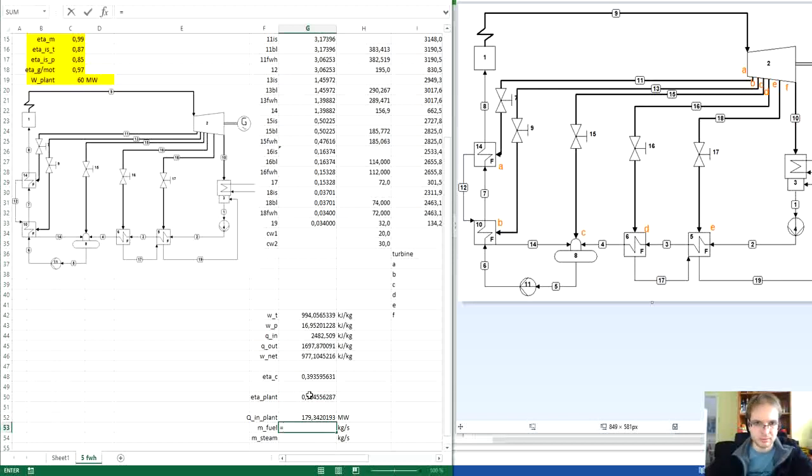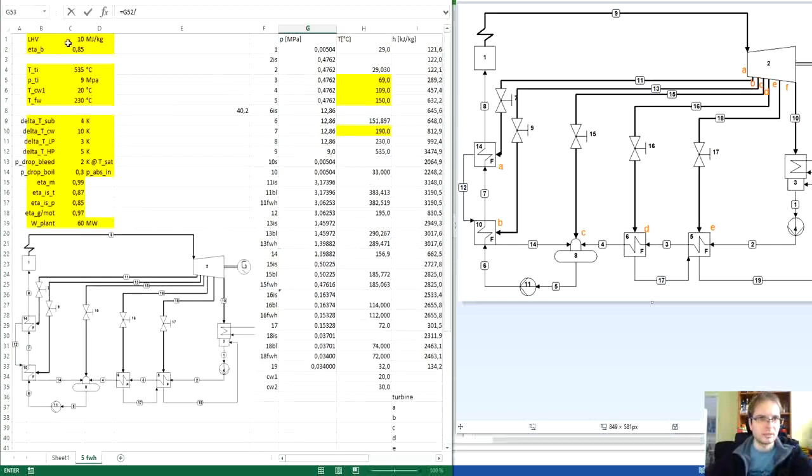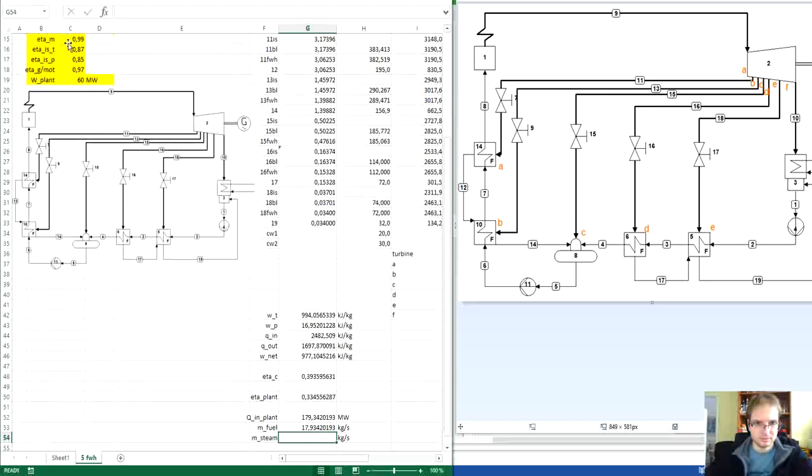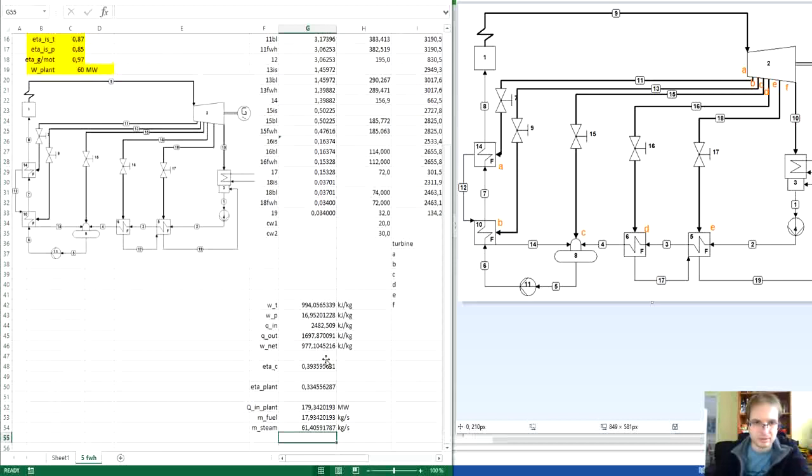Mass flow of fuel is heat input divided by lower heating value of the fuel, and mass flow rate of steam at 0.9. So we get that by dividing the power output in kilowatts divided by net power output in kilojoules per kilogram. So we get kilograms per second.